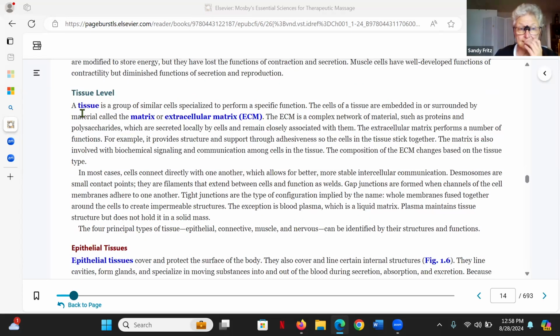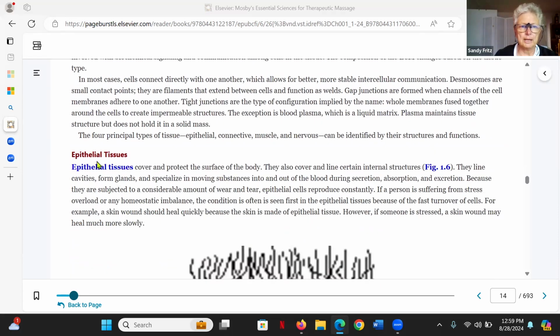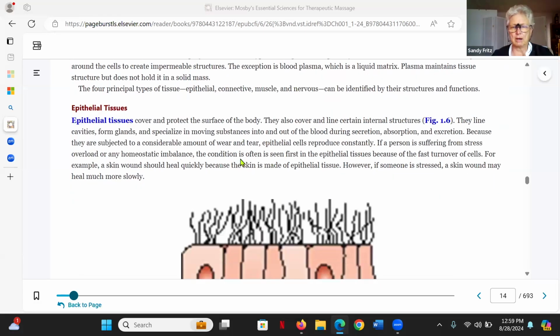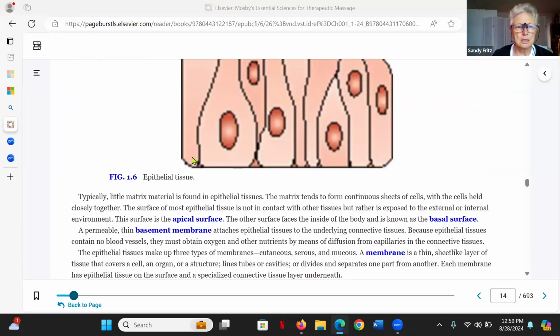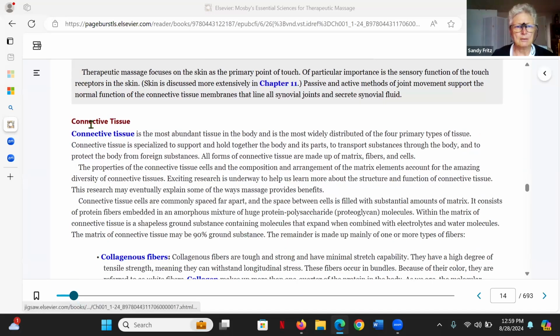Then the next thing is cells come together and function as a unit, which creates a tissue level. And then those tissues, we have the epithelial tissues, which are our coverings, so skin, for an example, our mucous membranes. Then we have connective tissues, which are one of the most abundant tissues in our body, and it pulls everything together.